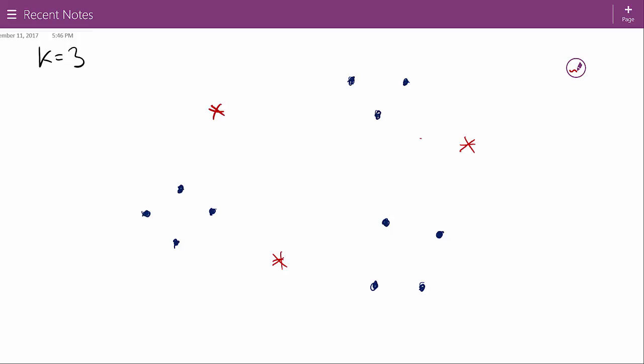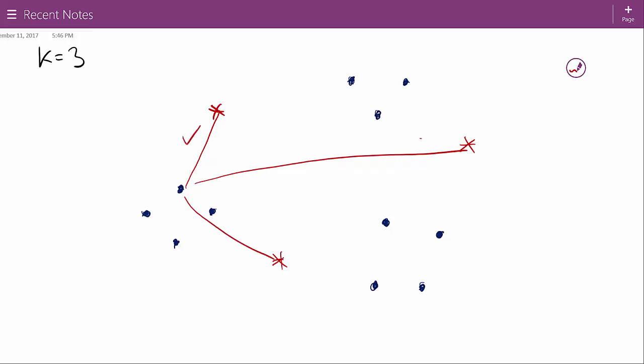After that, I measure the distances from each point to each cluster, okay? And I assign the point to the one which is closest, right? So say for example point number 1, this one right here. This is the distance for cluster 1, for this center, and for this center. Which one is shortest?